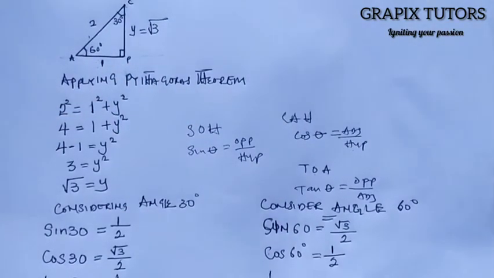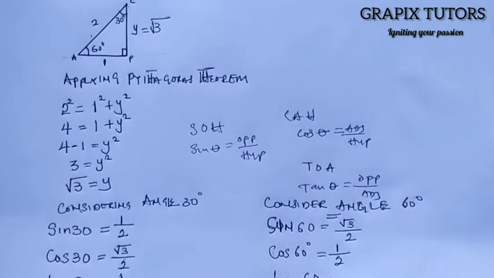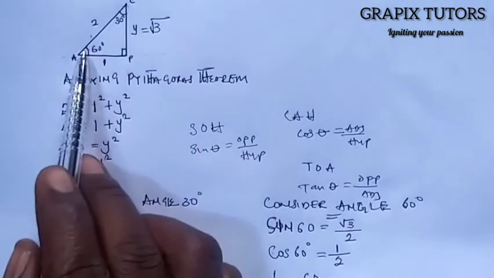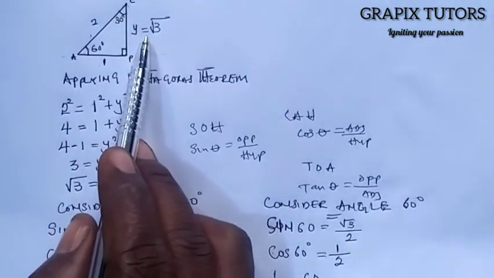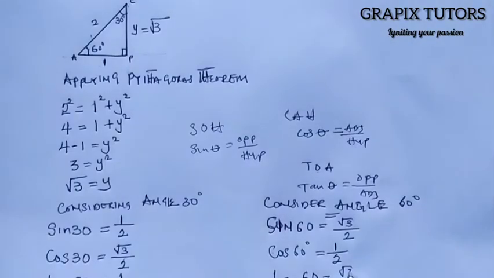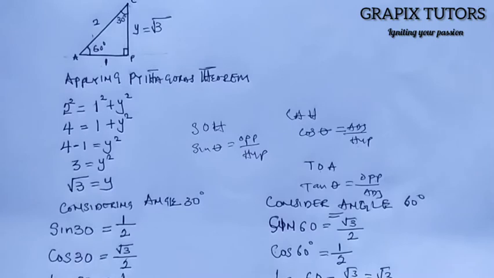And the other one we're having is tan 60. Tan 60 will give us, that is toa, opposite over what? Adjacent. Now the side 60 is facing is root 3 over adjacent, which is 1. So we'll be having root 3 all over 1, and we'll be having root 3. Are we good now?